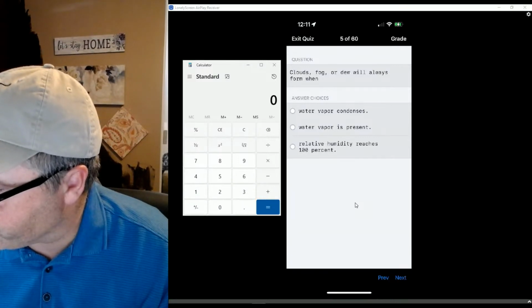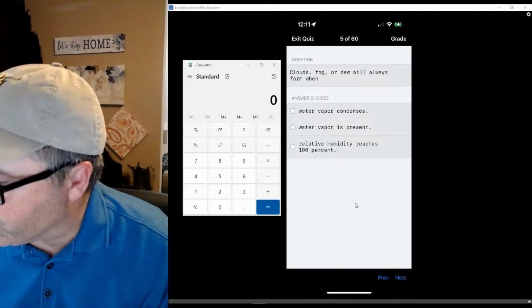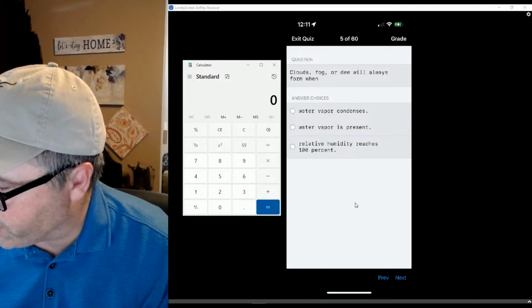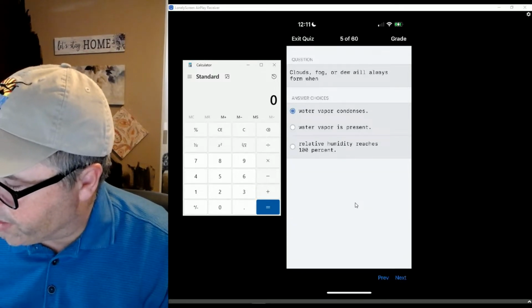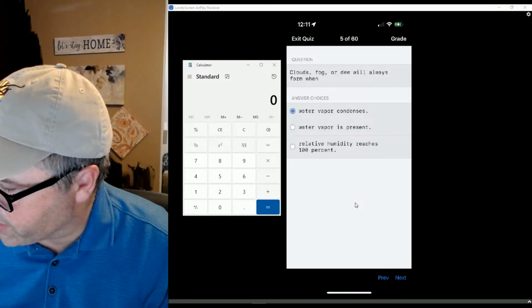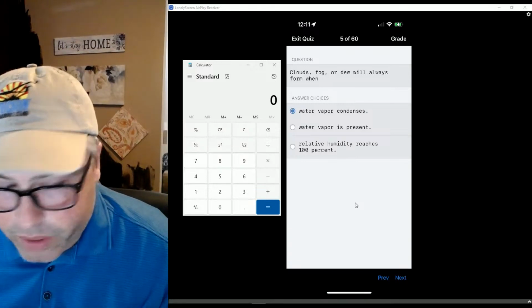Because clouds, fog, and dew form, but it's the dew. Water vapor condenses. Relative humidity reaches 100%, you won't get dew with 100%. It's got to condense. Dew is not just suspended in the air, but it's actually on top of something.